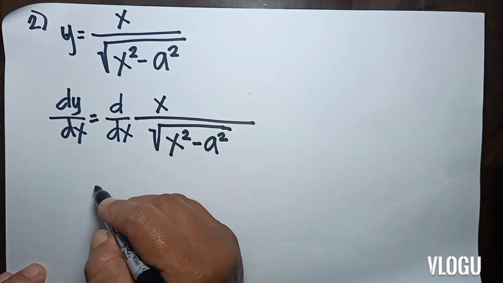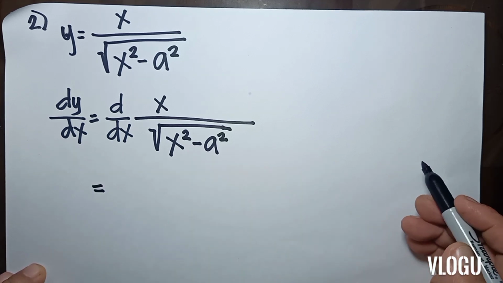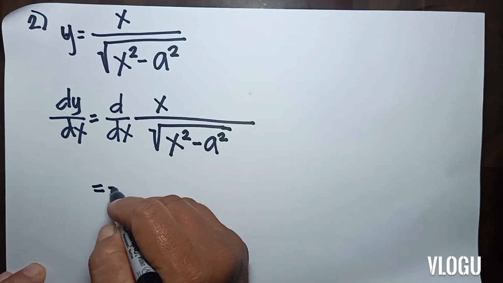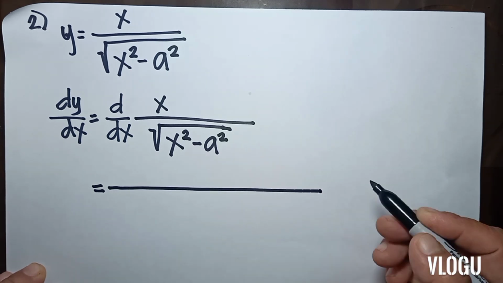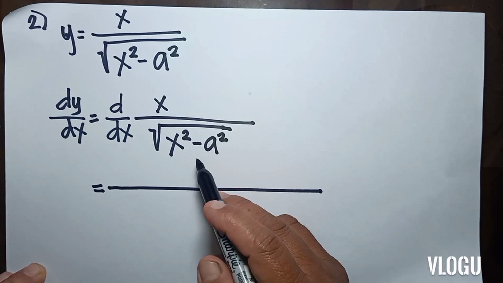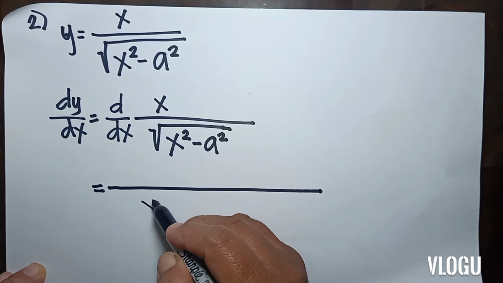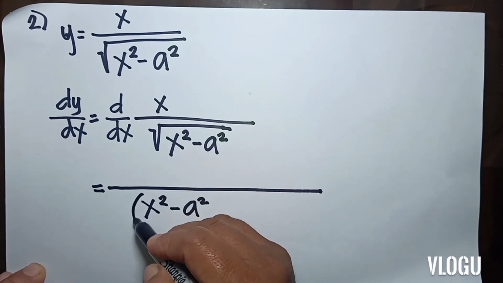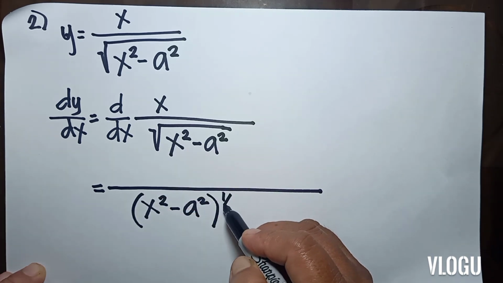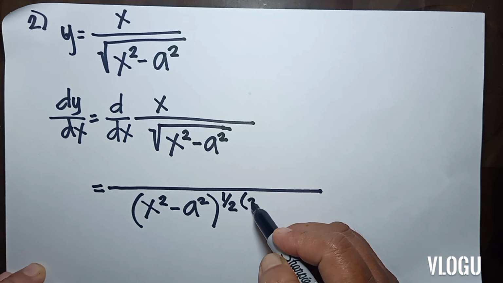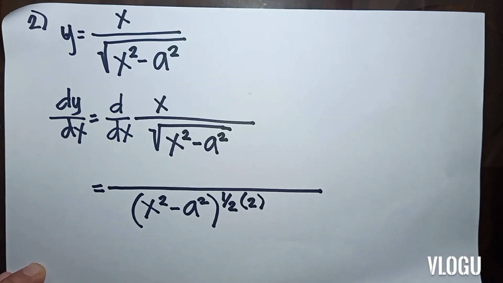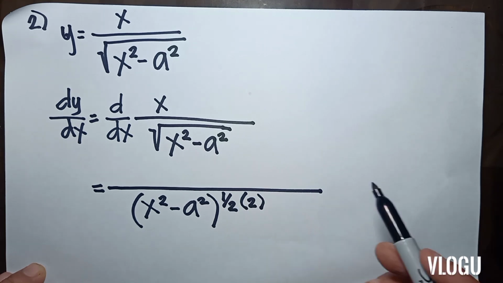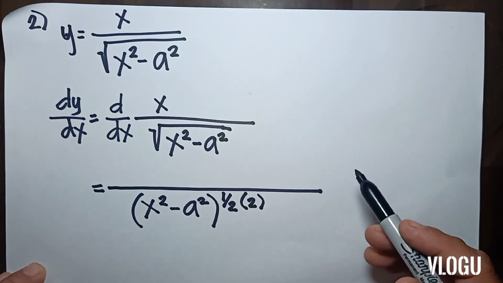First, we square the denominator, so we have x squared minus a squared raised to 1/2, then squared. The 2 over 2 is good as 1.